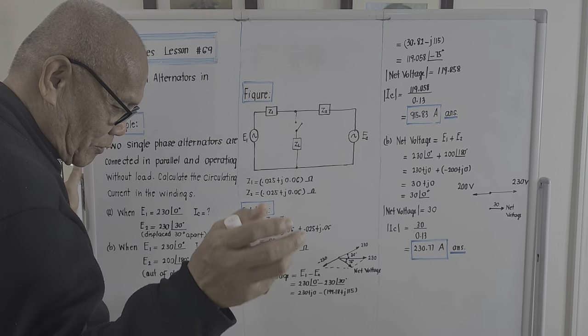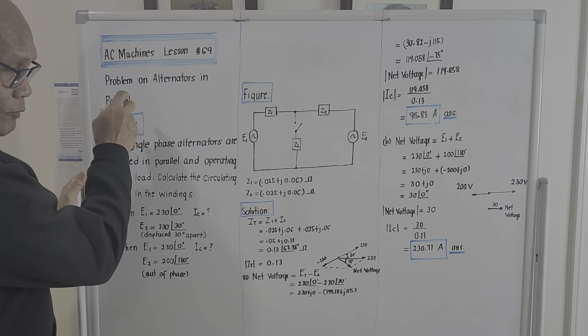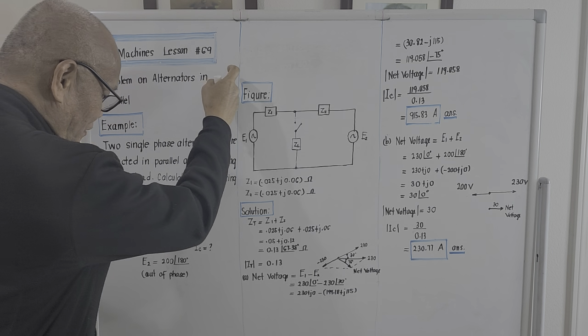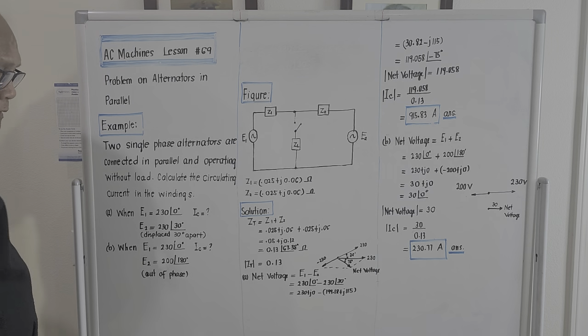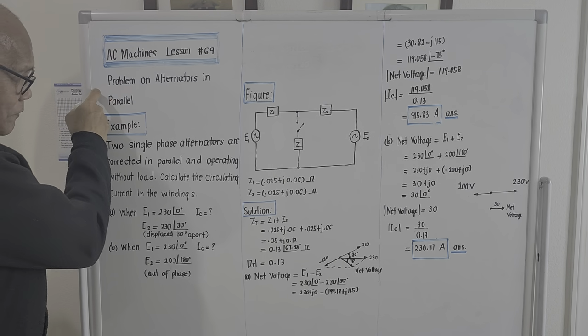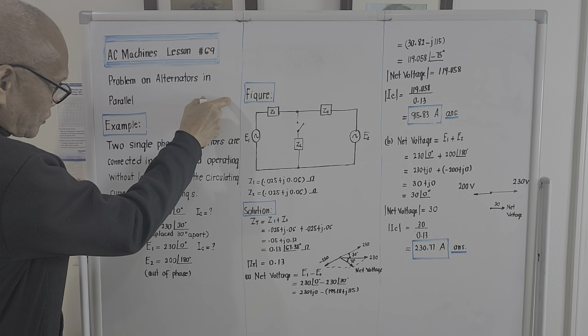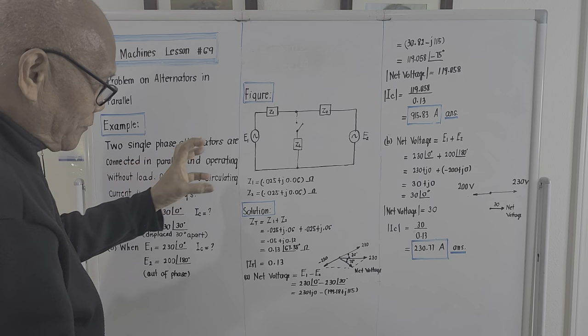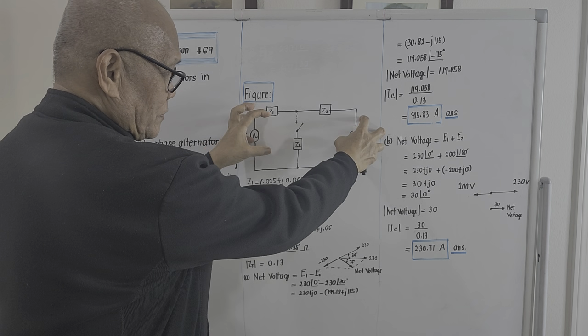My subject matter for tonight will be AC machines, and this is lesson number 69. The title of the topic will be problem on alternators which are connected in parallel. So we are given two alternators.